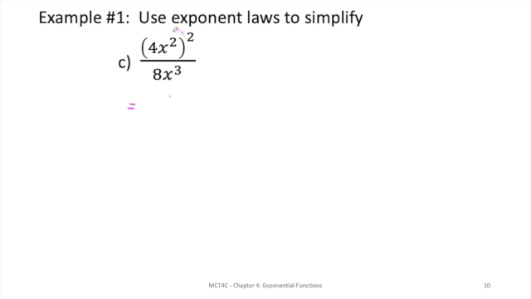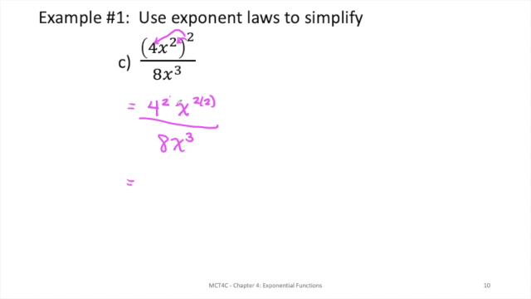Remember that the power has to go into all of the parts of the base. So the 2 has to go into the 4, and it also has to go into that x squared. You're going to get 4 squared, and then x to the 2 times 2 using your power rule, and then you can't do anything on your denominator, at least yet.